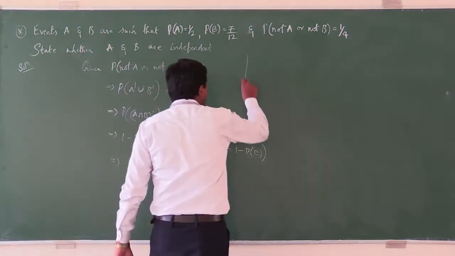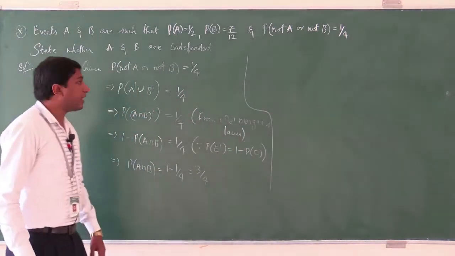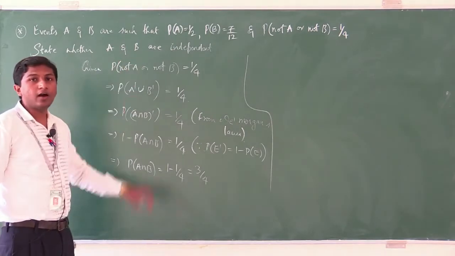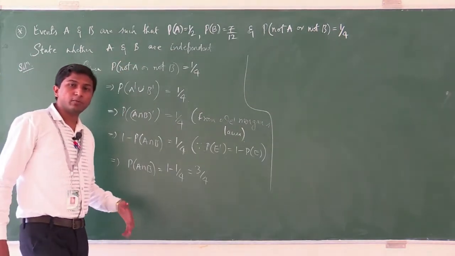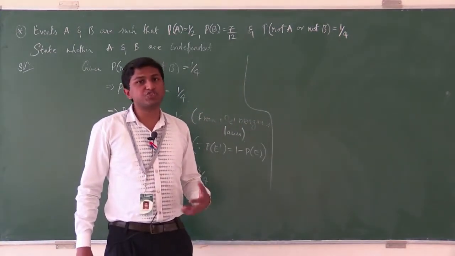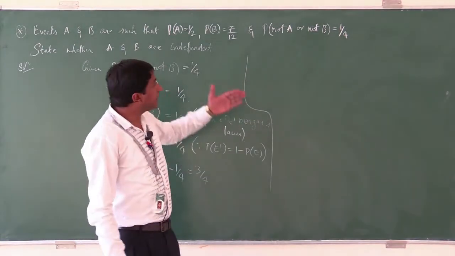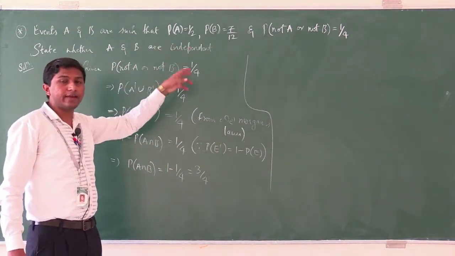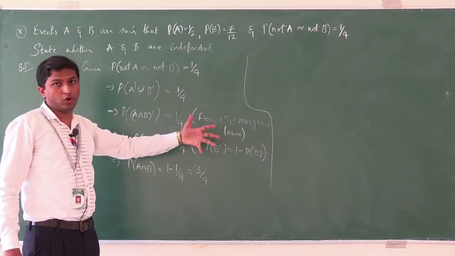What is the question asking us to do? We have to see whether events A and B are independent or not. By definition of independent events, what are we to check? Whether P of A intersection B is equal to P of A into P of B or not.